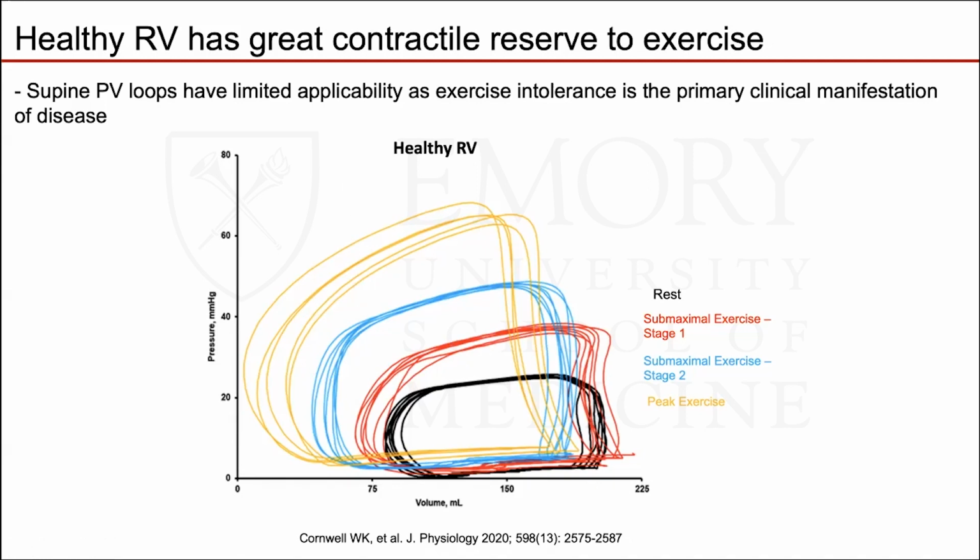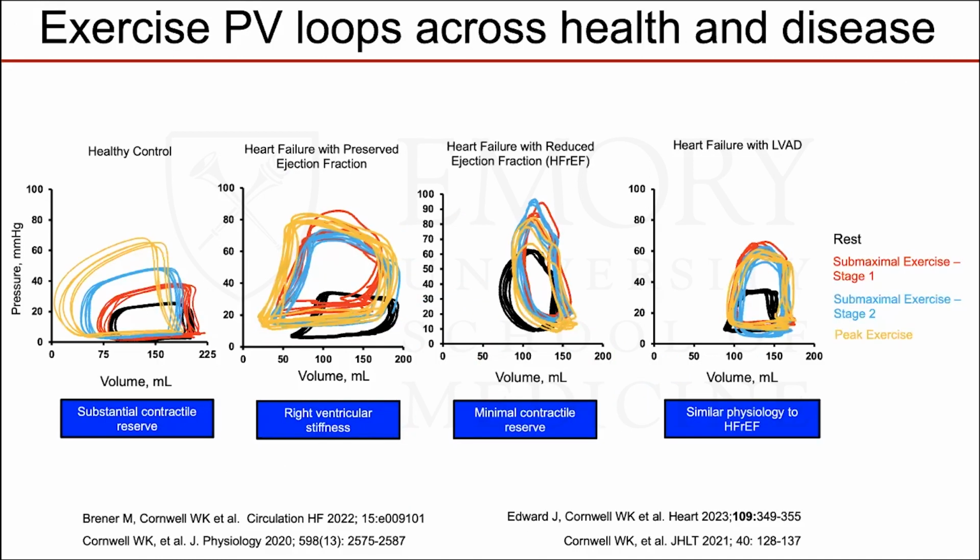And if you come to think about it, when we measure PV loops in a supine condition, they have limited applicability because what is the most common symptom that patients present to us with valvular heart disease and heart failure? It's exercise intolerance. So we need to know what is happening to those right ventricles when they are being exercised.